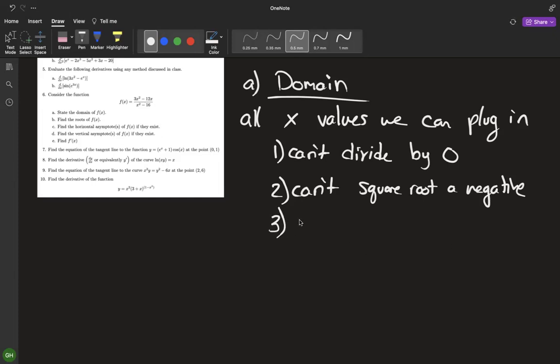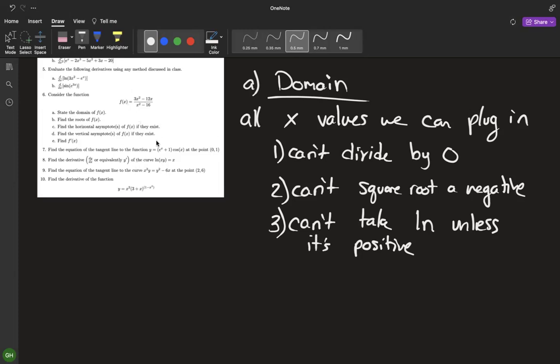And 3, we can't take ln unless it's positive. So we have to follow all 3 of these rules in order for x to be in the domain.